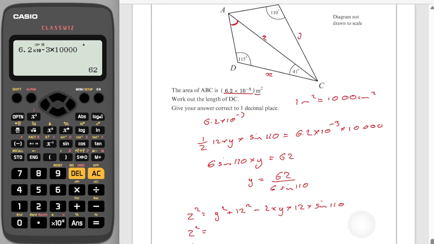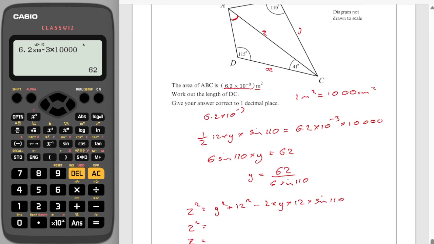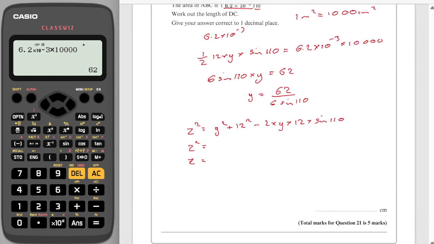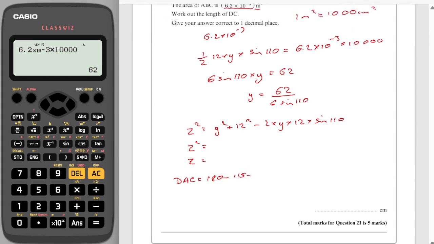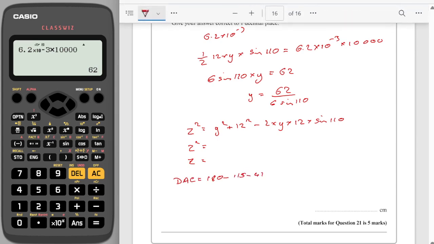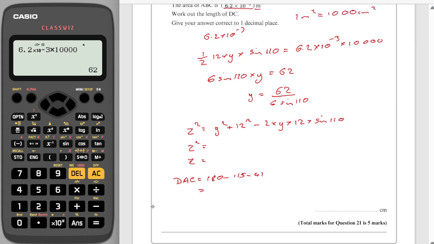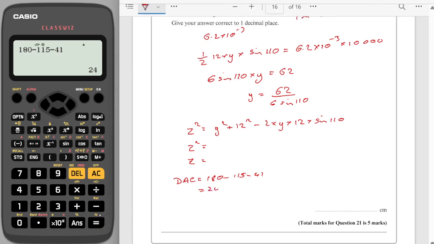And then for my final part, I can say that DAC is going to be equal to 180 minus 115 minus 41, so that's going to be equal to 24.